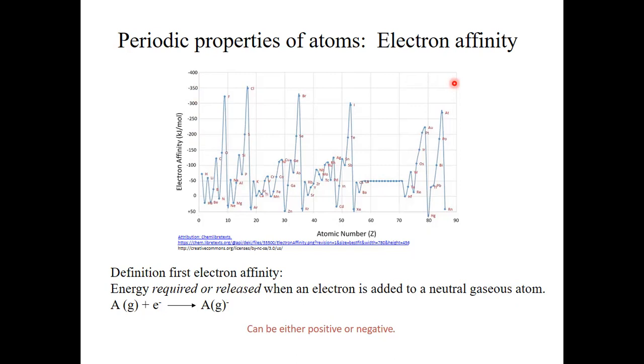So can we see any trends? In this case, it's far more difficult to see any trends, but there are some weak trends. So generally, we see that the electron affinity becomes more negative according to this definition as we go from the left to the right within a period.